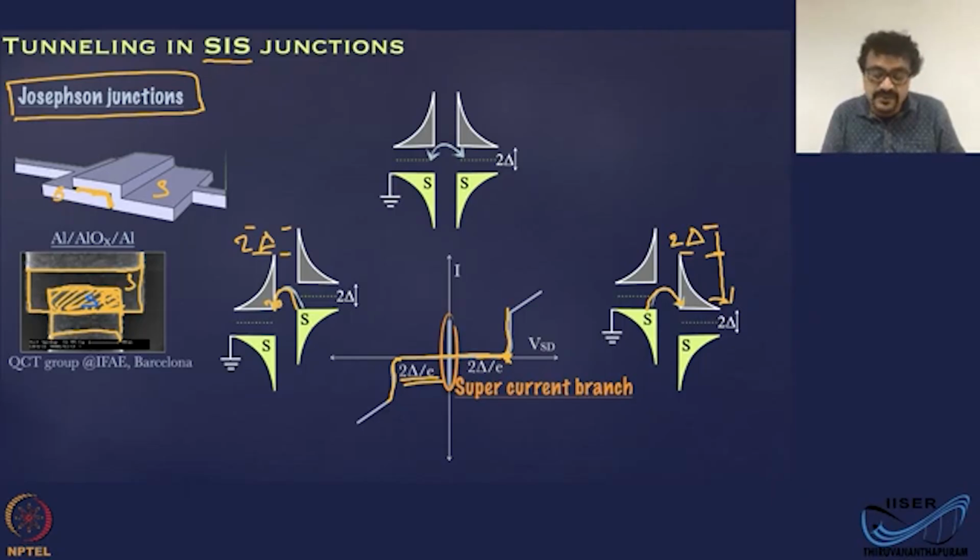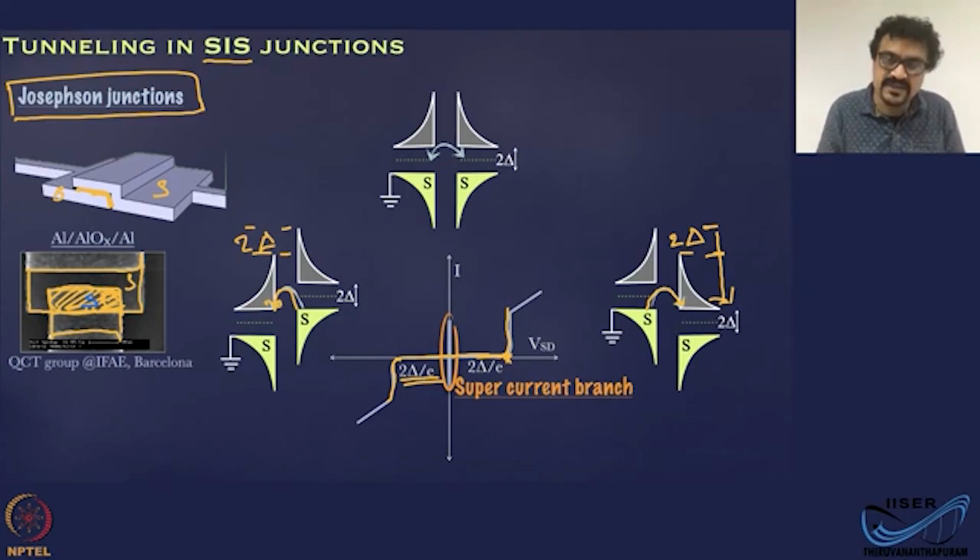Now here this actually consists of density of states of both superconductors, not just one. Okay. Now let us focus on what happens at zero bias.